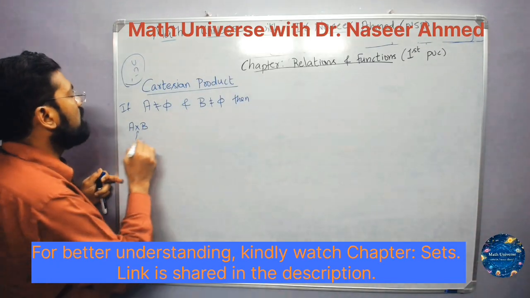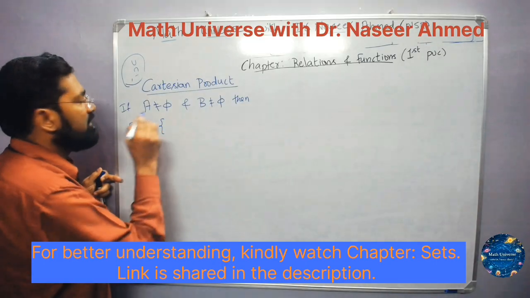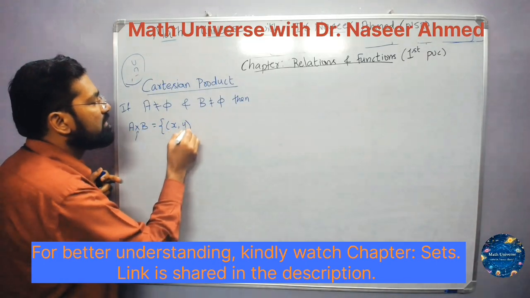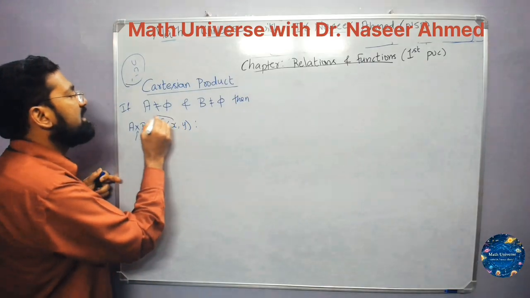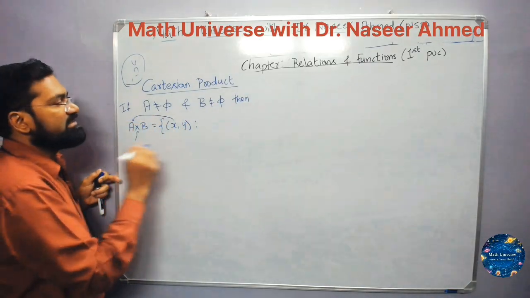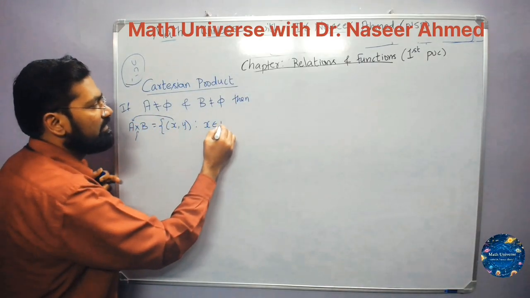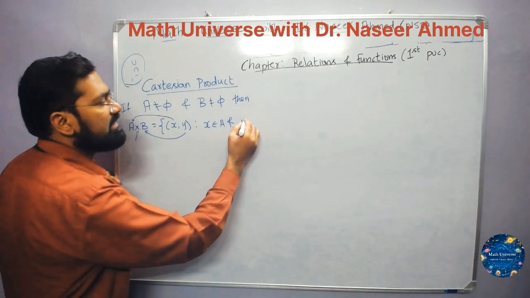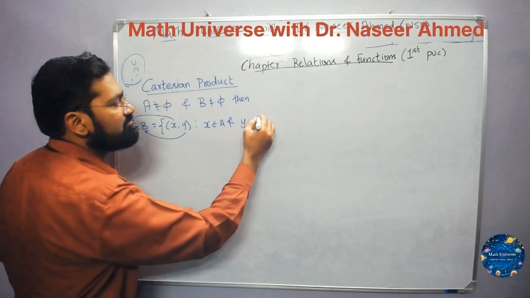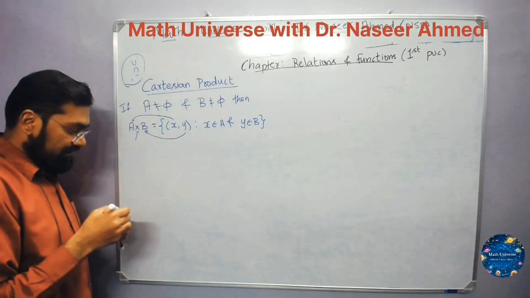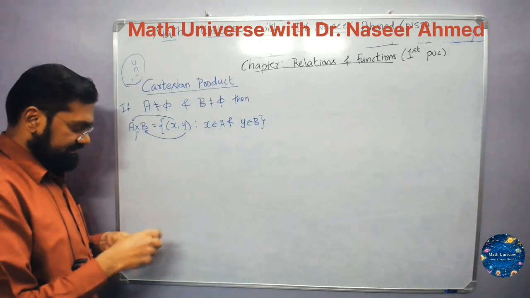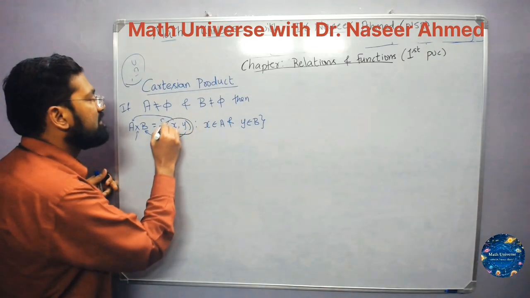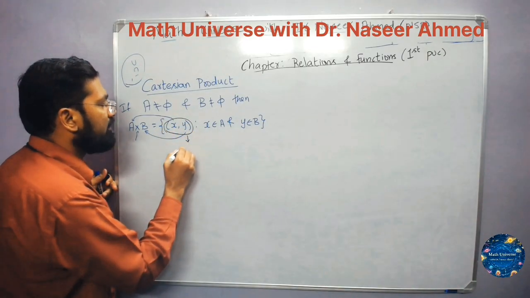Now A cross B is the set of all ordered pairs such that the first element X comes from the first set and the second element Y comes from the second set. This X comma Y, whatever we have written here, we call an ordered pair.